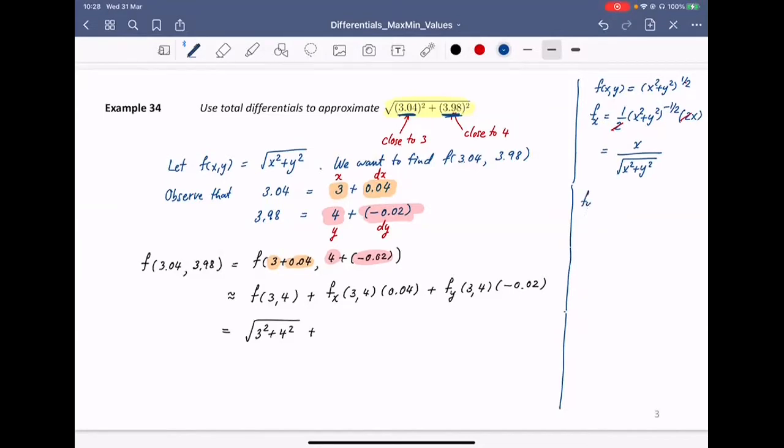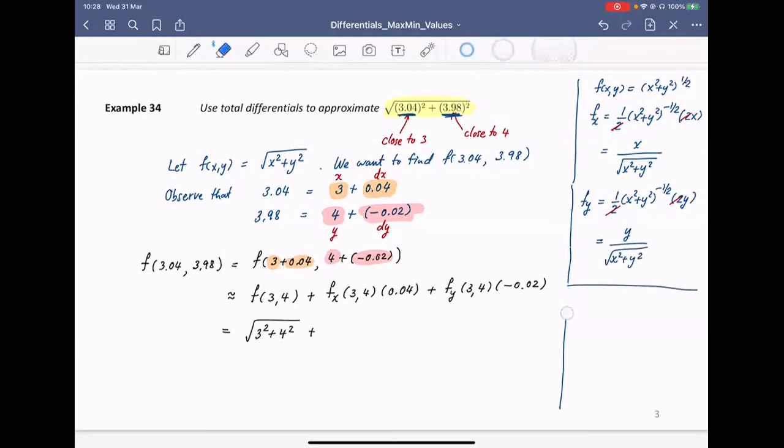Similarly, you can compute f subscript y here. Well, this is going to be 1/2 times x squared plus y squared to the negative 1/2, and then you differentiate the inner function with respect to y, so you get 2y. The same thing to cancel out. So what you get here is y over square root x squared plus y squared.